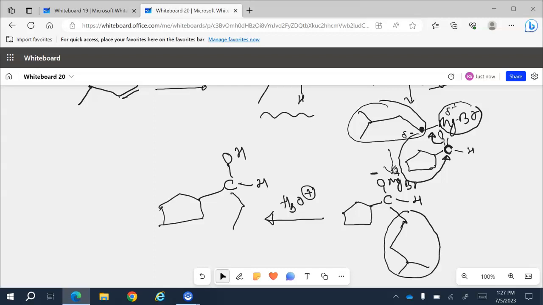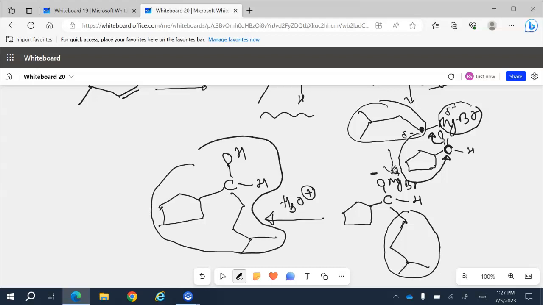Just copy the drawing here. That is your final product. This is how you come up with the final product, and this is how you need to execute the problem. This is how we solve the problem related to that.